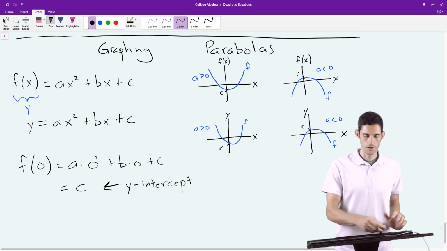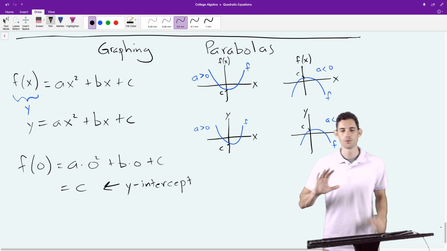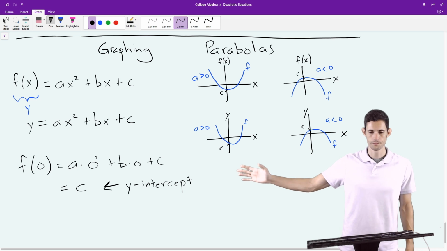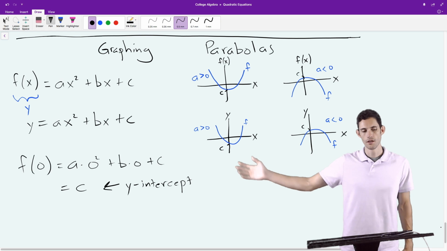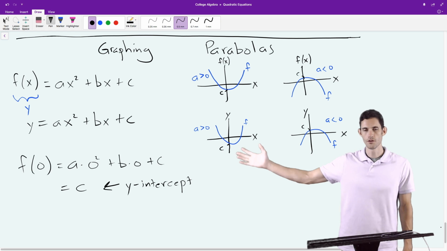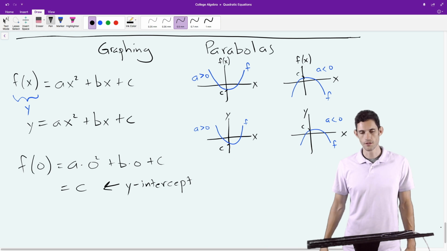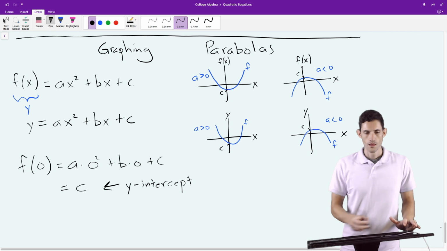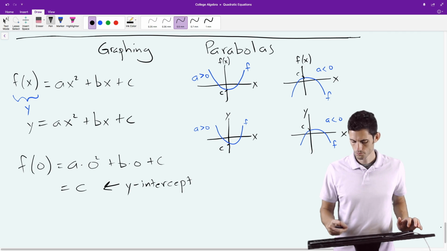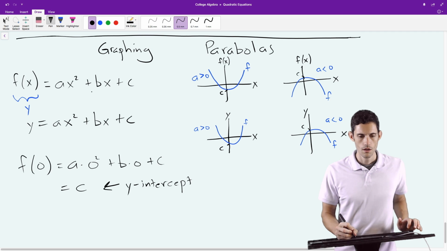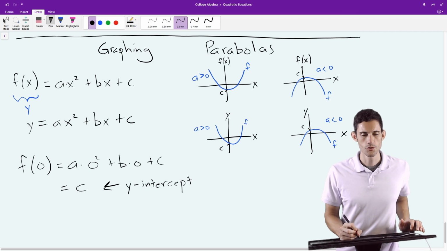The other easy thing you can do is just imagine what happens when x is really, really big. Like x is a million, a billion, a trillion. x has 20 zeros after it, 100 zeros after it. It's a huge number. So if you look at this function, the first thing we're going to do is square x.